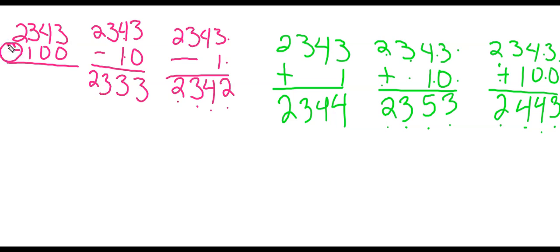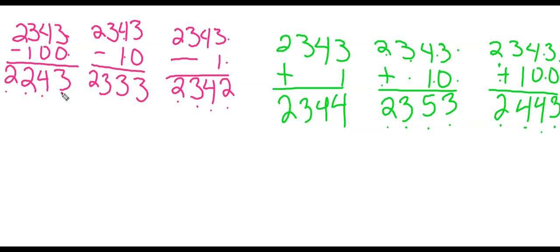Okay, so let's subtract 100 from that number. 3 minus 0 is 3. 4 minus 0 is 4. 3 minus 1 is 2. And then 2 minus 0 is 2. So what is 100 less than 2,343? Okay, 2,243.